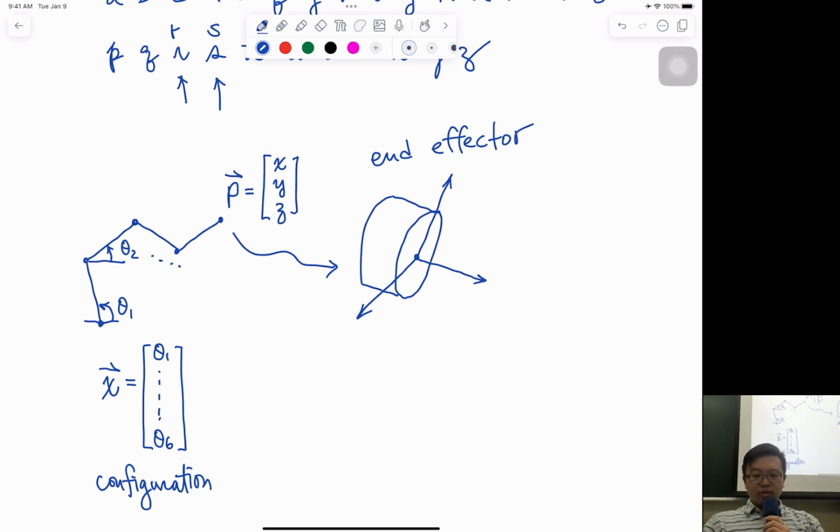So that frame, if you only focus on the XYZ, then I cannot tell the difference if I spin around certain axes. So in fact, you are controlling not only the coordinate of the end effector, you are also controlling its orientation. So in fact, P is 6 degree of freedom as well.